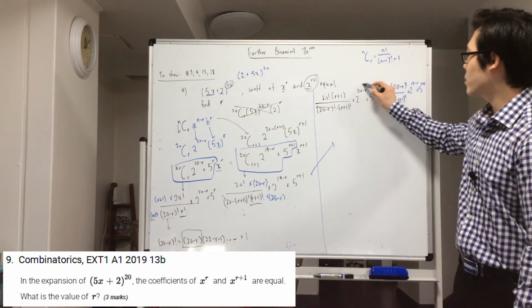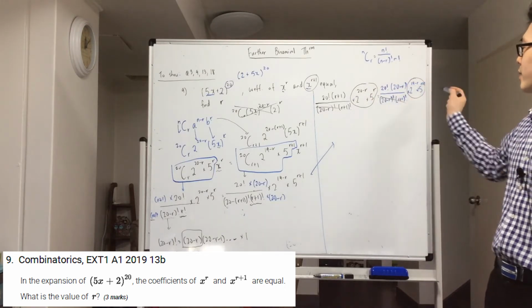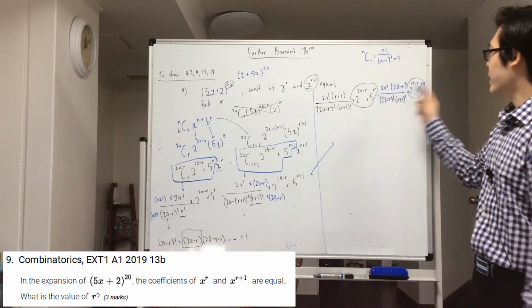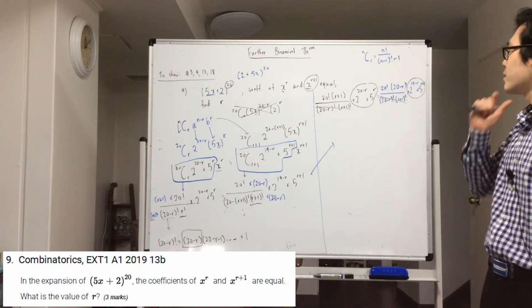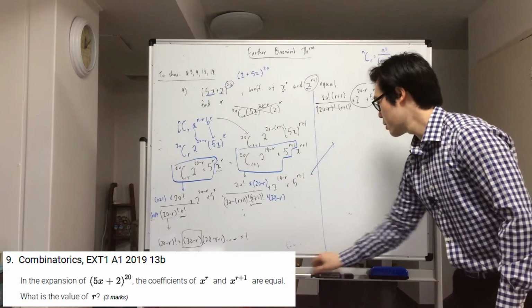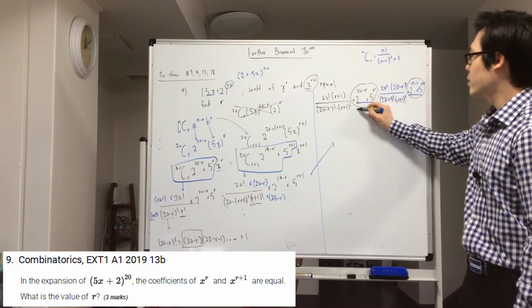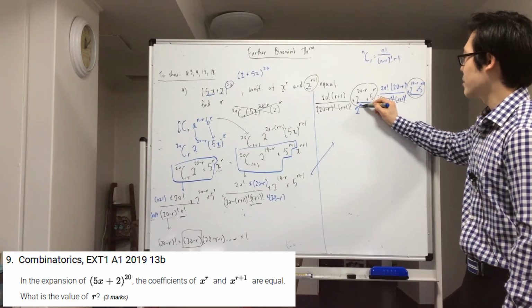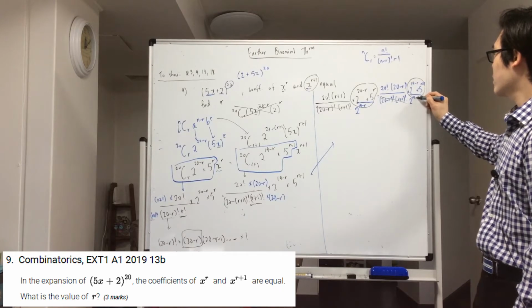Now, here's what I can do with this and this. See how they're almost the same? So I want to divide both sides by the smaller one of these. Which one's the smaller one? If I divided both sides by 2 to the power of 19 minus r, okay, what else can I divide by?